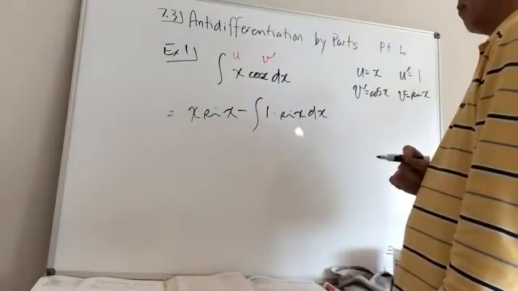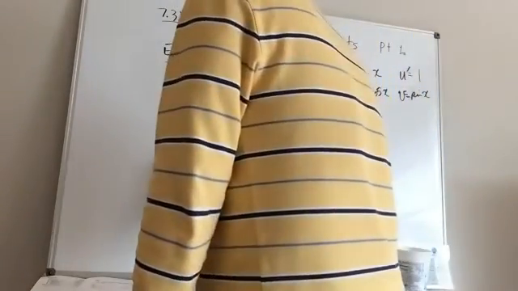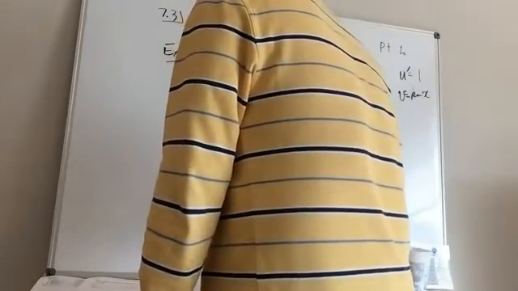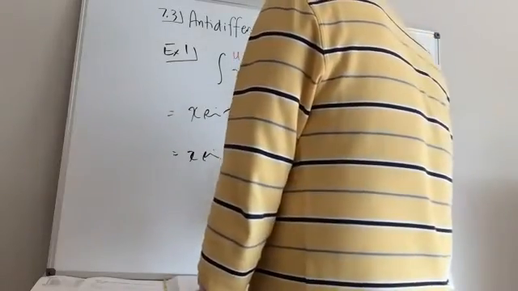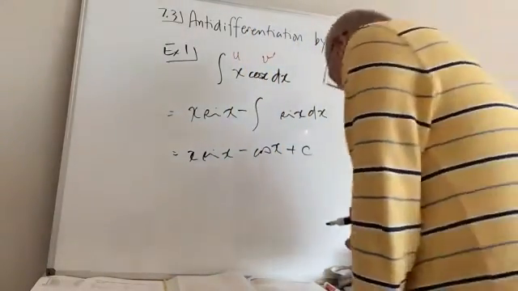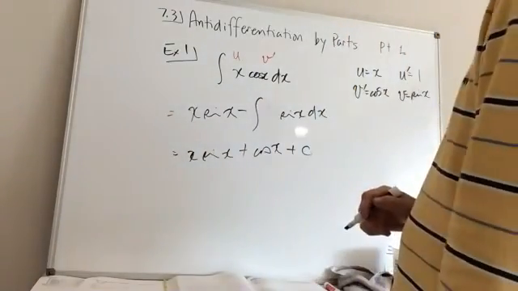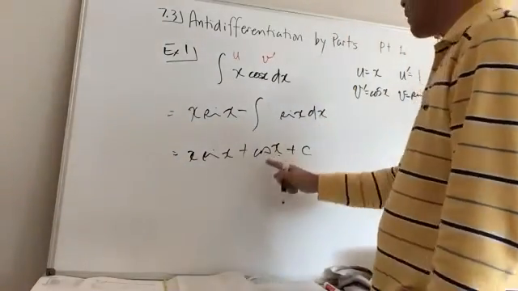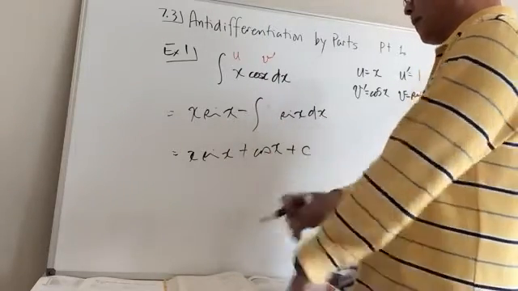So this one basically becomes like that. Now I'm going to get x sine x. What do I get here? I get cosine x plus c. Well, it's just positive, right? When I take the derivative of this, I'm going to get negative sine x.